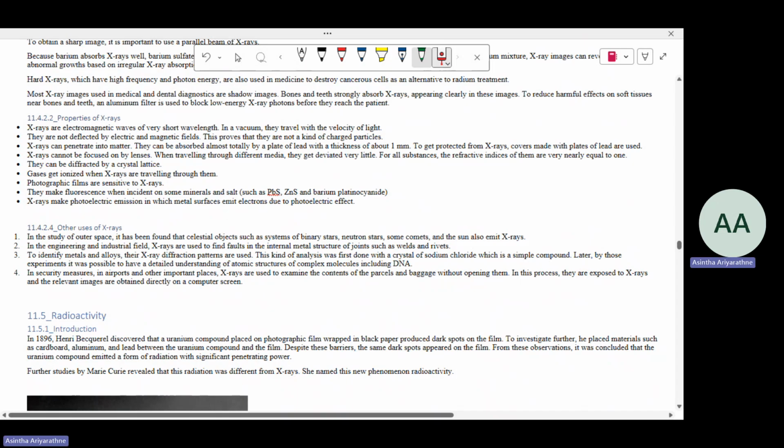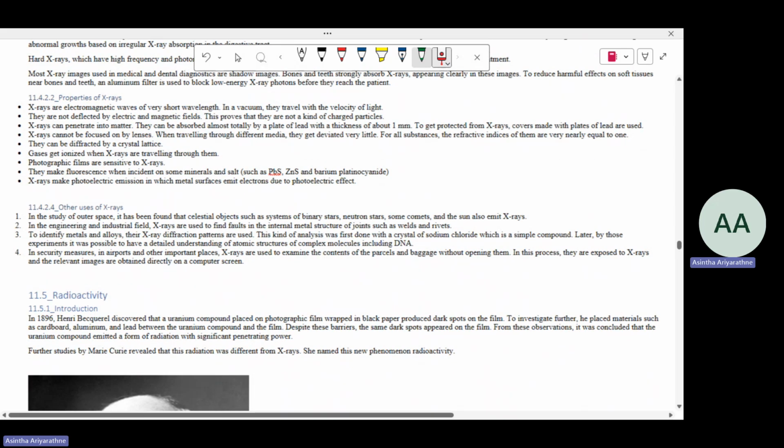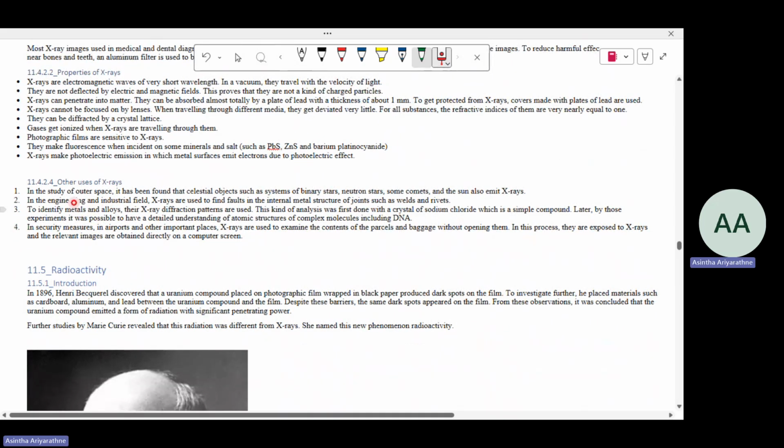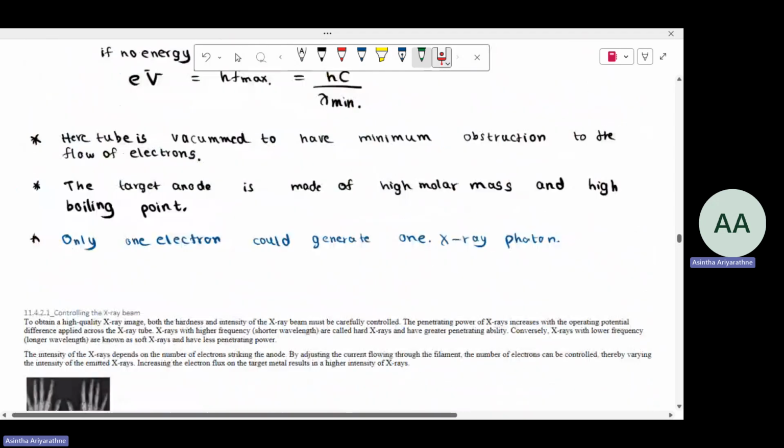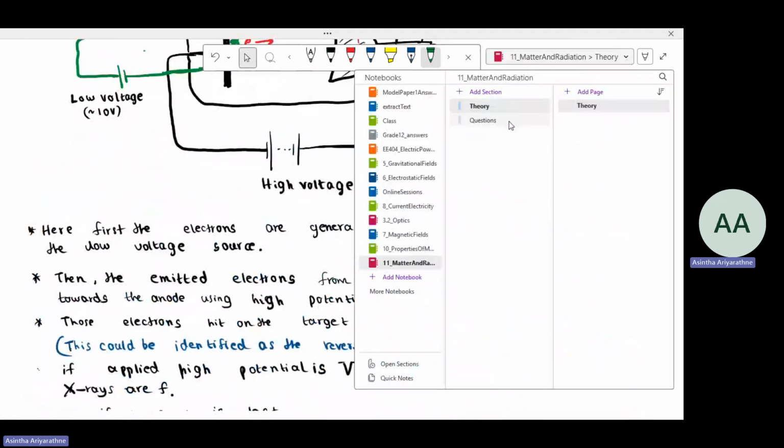Some other usages of X-rays: to study outer space, and in engineering to find faults in internal metal structures, joints, rails, and rivets. Right, so that's all about X-rays, wave-particle duality, and X-ray generation.